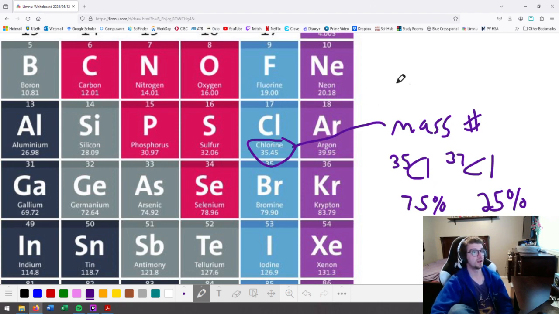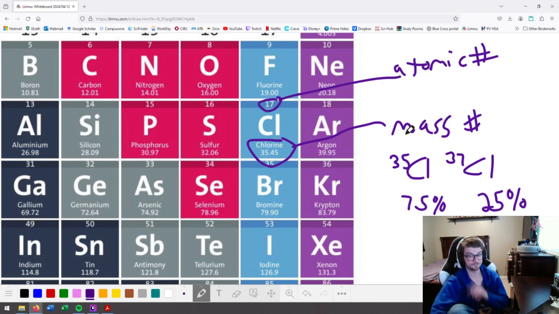So how does it get to a mass of 35 and 37? Well, if we take the atomic number, which again, the atomic number is the number of protons. So for chlorine, that's 17. So there are 17 protons in the nucleus of chlorine.